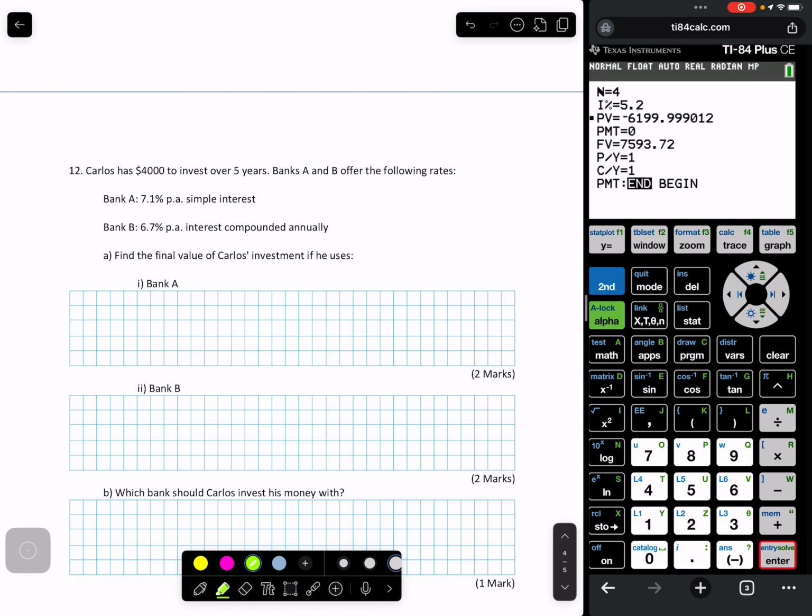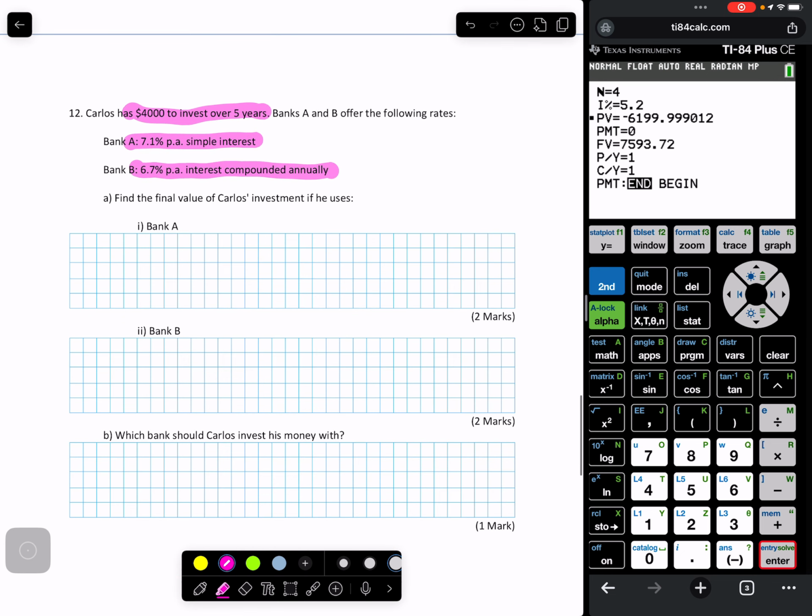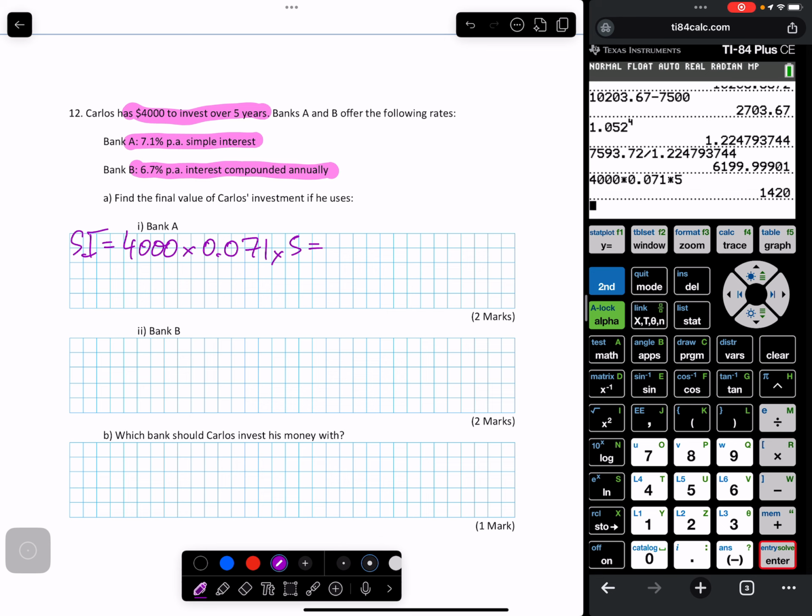Question 12, Carlos. Carlos has $4,000 to invest over 5 years. Banks A and B offer the following: 7.1% simple interest, 6.7% compounding annually. Find the final value of the investment if he uses Bank A. Bank A is simple interest. So SI equals, he invested $4,000 times by the rate of 0.071, and he did it for 5 years. 4,000 times by 0.071 times by 5.